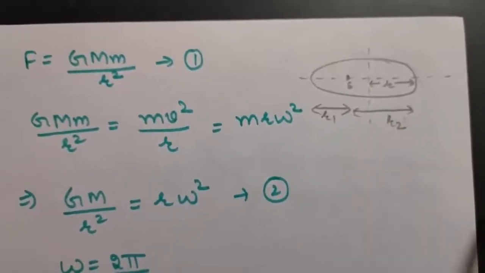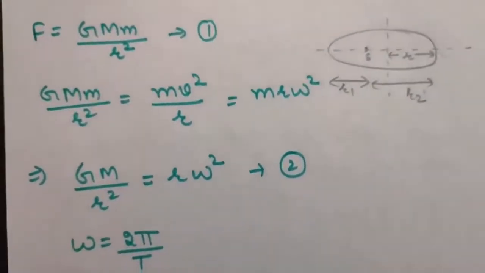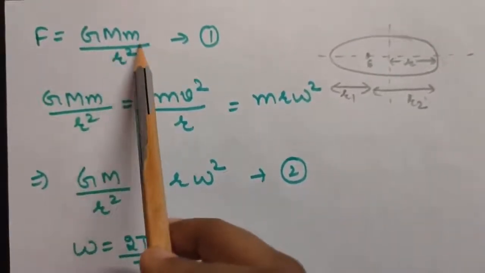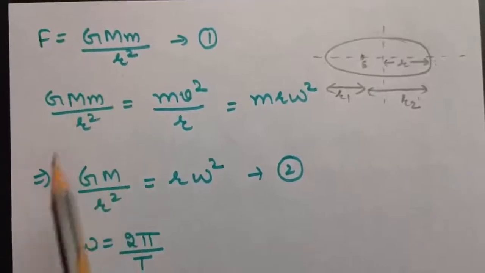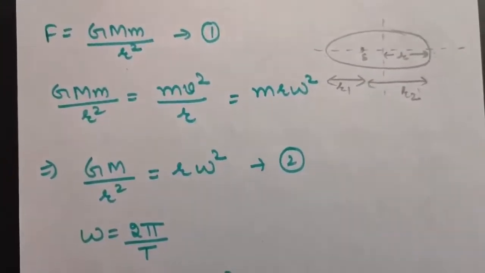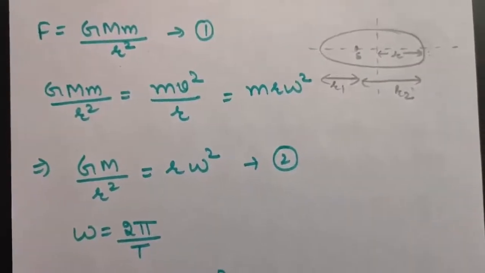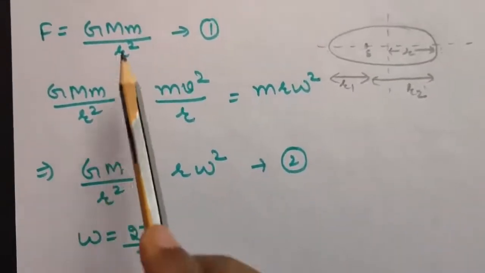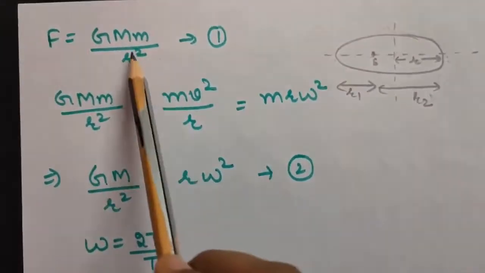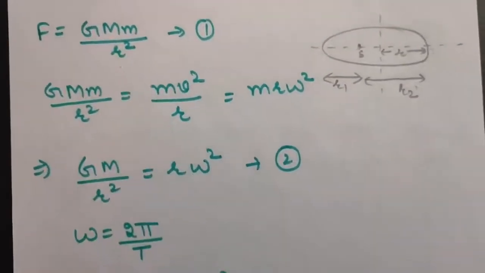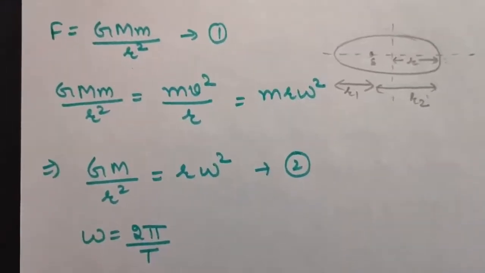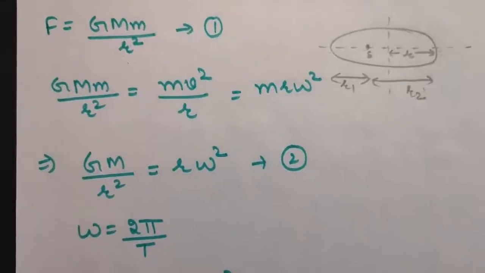Now, as you know, by Newton's law of gravitation, the force is equal to G M m upon r square. When the planet revolves around the sun, for the revolution you need some centripetal force. So this attractive force, Newton's gravitational force, will provide the necessary centripetal force required for the revolution.